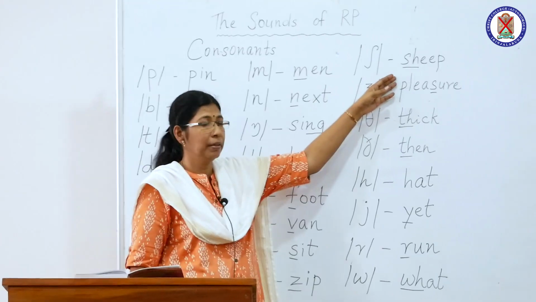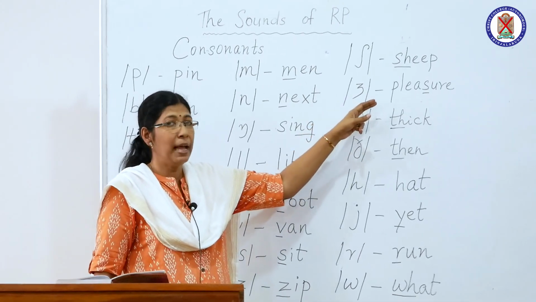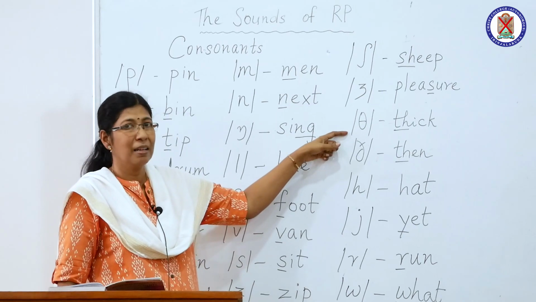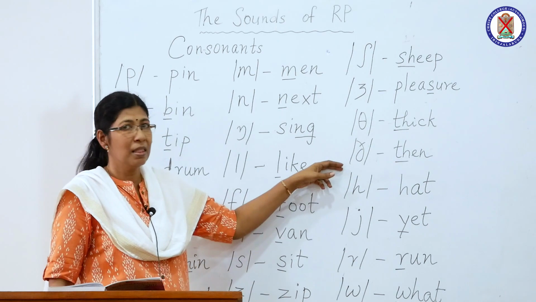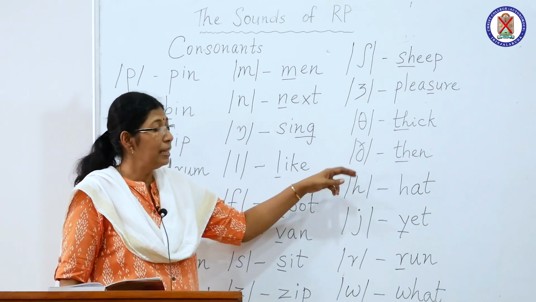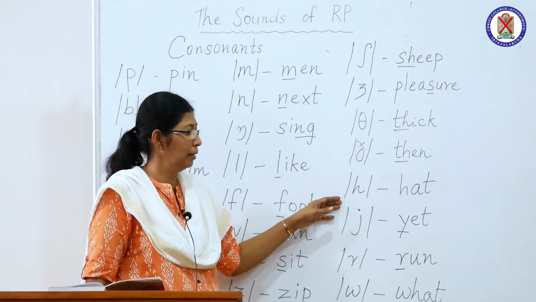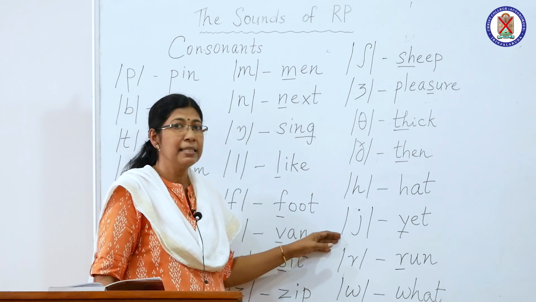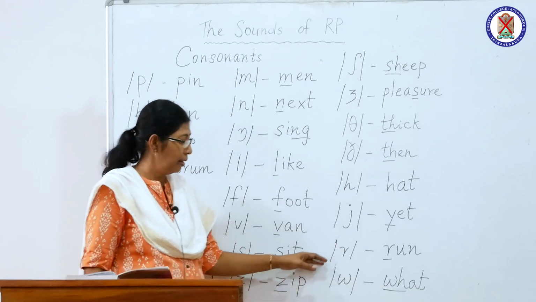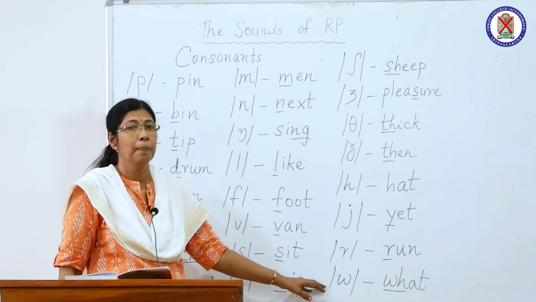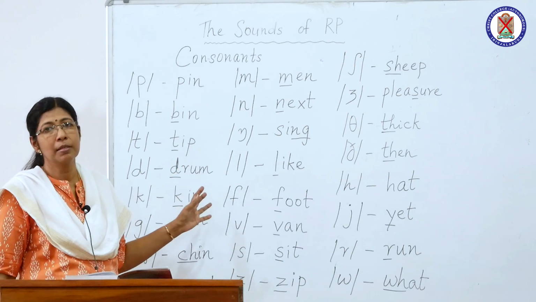As in sheep. As in pleasure. As in thick. As in den. As in hat. As in yet. As in run. And as in what. These are the 24 consonant sounds of RP.